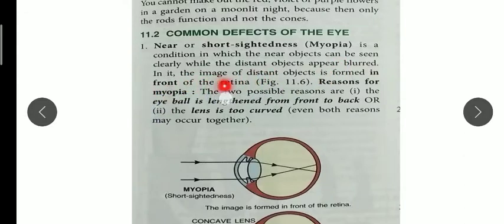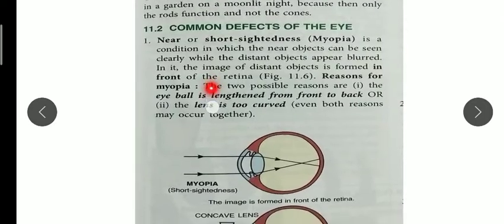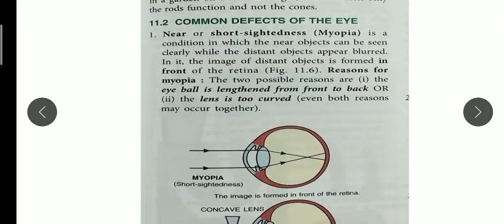What is the reason behind it, and what should we do for correcting such a defect? The reason is, first, the eyeball is lengthened from the back, okay, the eyeball length is increased, and the lens becomes too curved. Due to both of these reasons, a person feels this myopia condition.